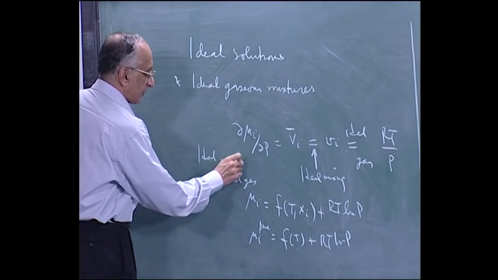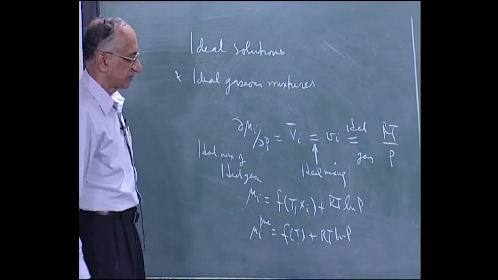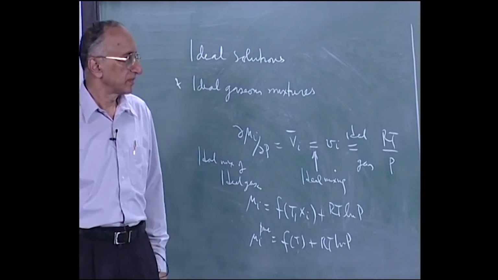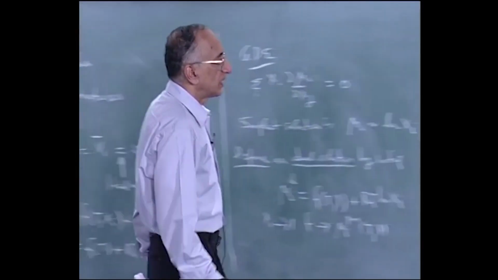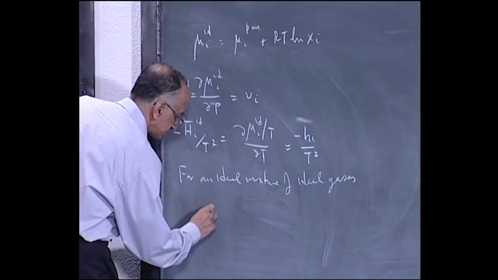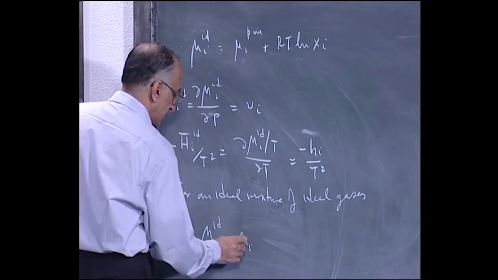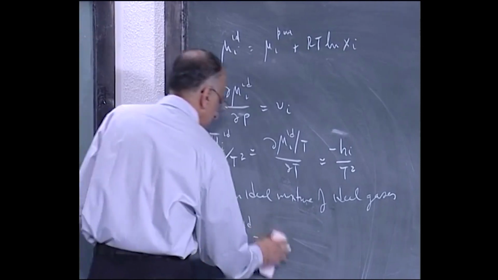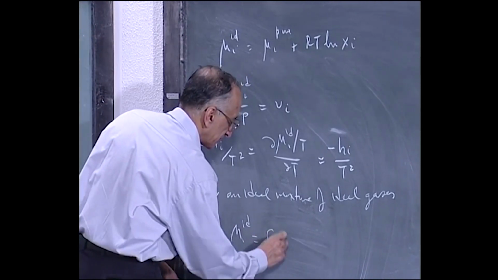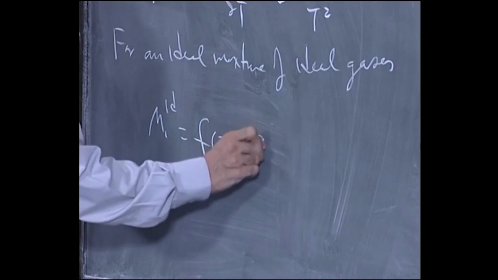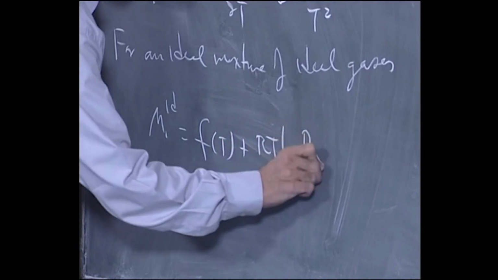Ideal mix of ideal gases. So I get μi ideal is equal to some function of T plus RT ln P xi.